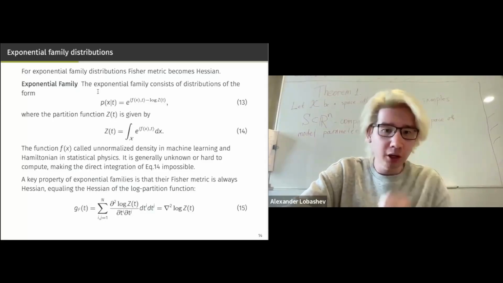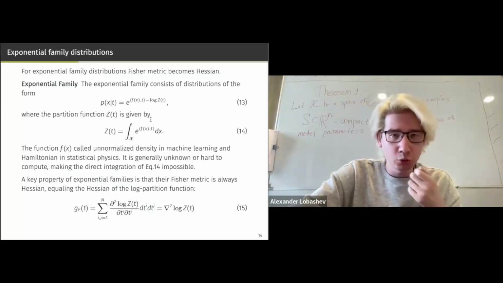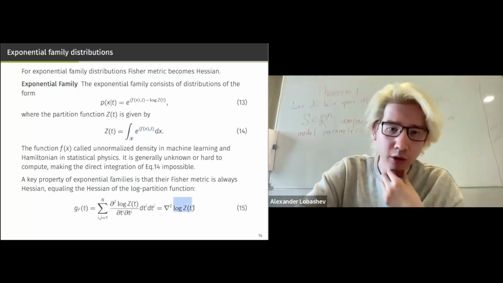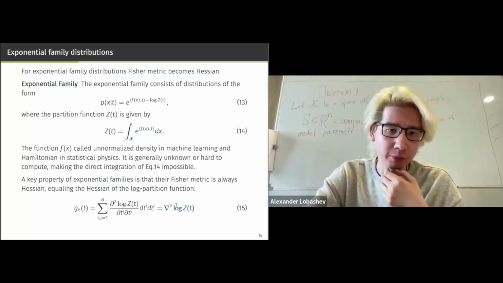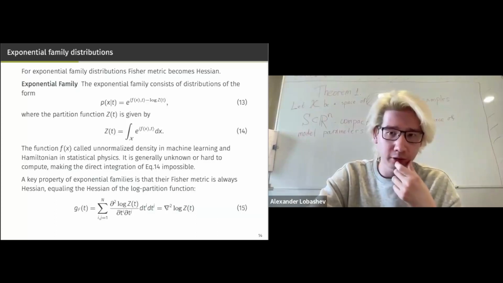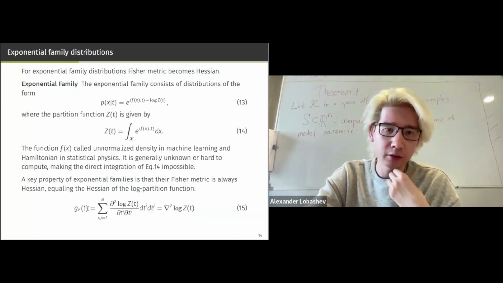The main property of the exponential family that we are interested in is that the Fisher metric for this exponential family distribution is just the Hessian of the logarithm of this normalization function. This function for the exponential family is also called free energy in the case of statistical physics. And its Hessian is indeed a positive definite metric.